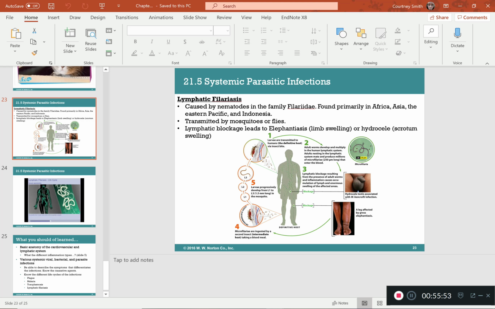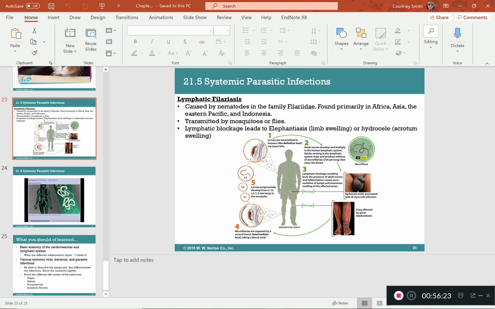It is transmitted through mosquitoes or flies. What will happen is that you'll get infected with this parasite. The parasite will produce a lot of itself, and then it may even cause a blockage. A blockage may not occur, but generally it will. Depending on where a blockage occurs is how you will classify this infection.